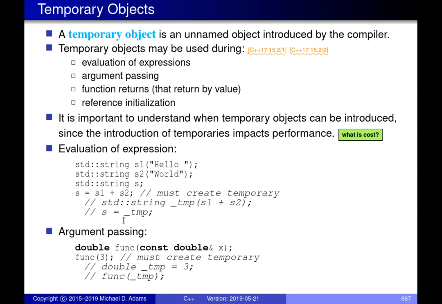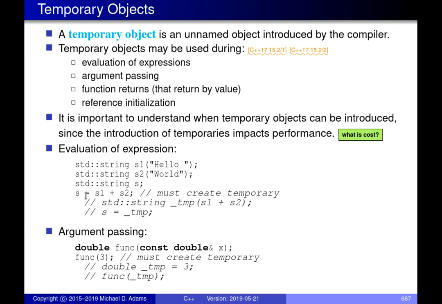Because the problem is not really the plus. The problem is the equals. You need to do the assignment. In order to do the assignment, you need something to assign from, like the source for the assignment operation. And the thing is, what is it? It's not S1. It's not S2. And S1 plus S2 is not an object. It's just an expression in the language. You actually need an object that represents the sum of S1 plus S2.